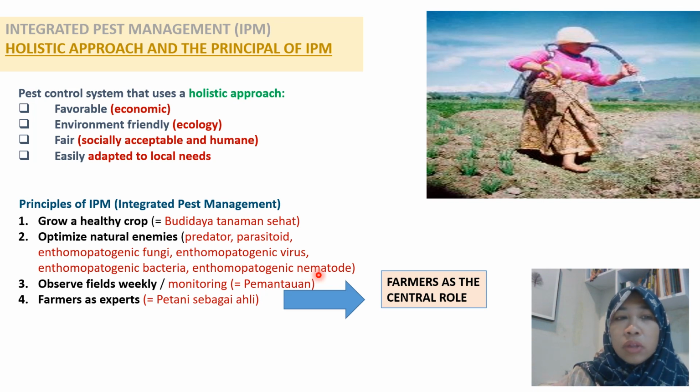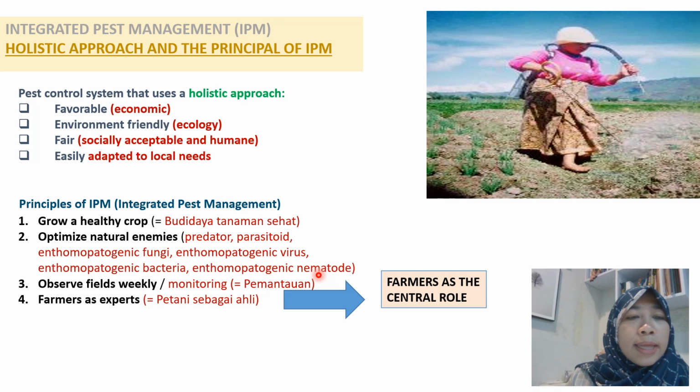Nah, it's not socially acceptable until now, because it's still debatable. Why should we control the pest using nematodes? Using nematode, using cacing, yeah, it's like that. So the control should be socially acceptable and easily adapted to the local needs.